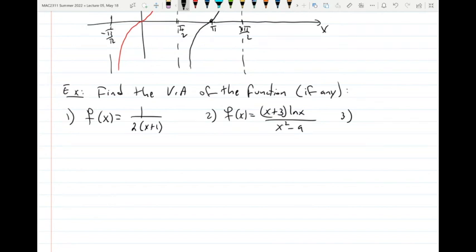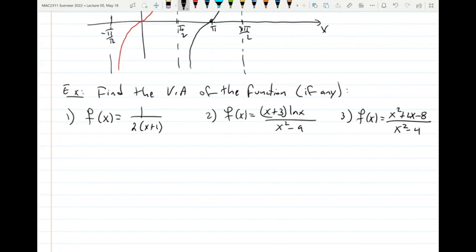Okay, I had cotangent here, but we already did tangent, so there's no point in cotangent. Okay, so here we have three functions. Let's go ahead and find the vertical asymptotes.